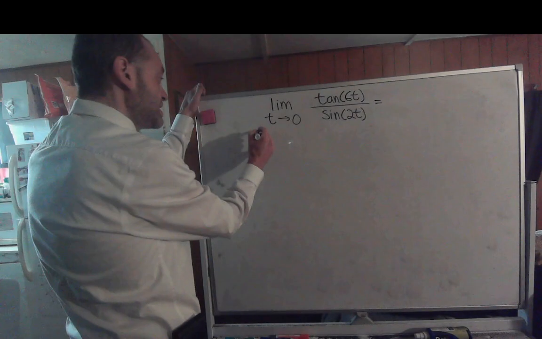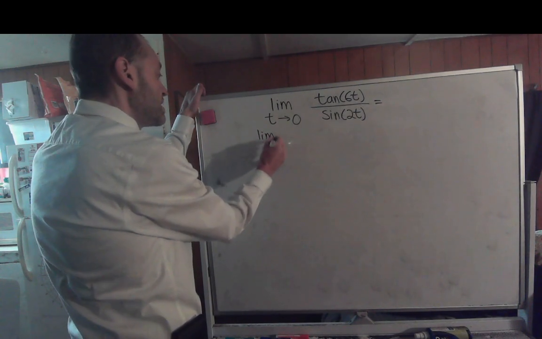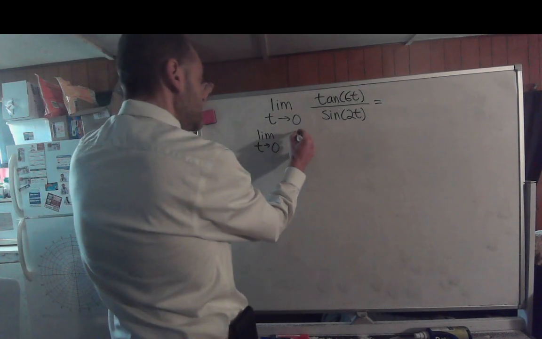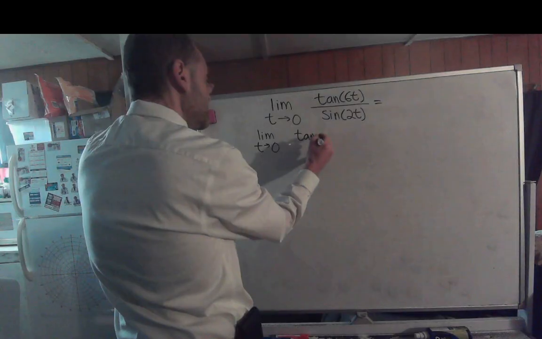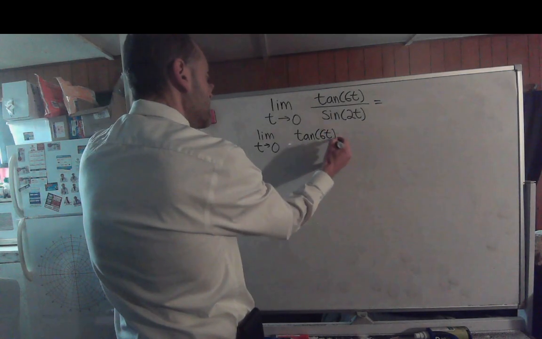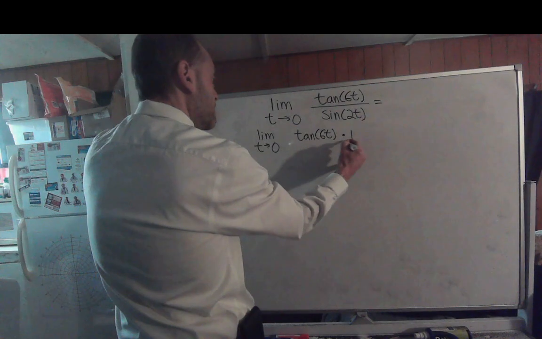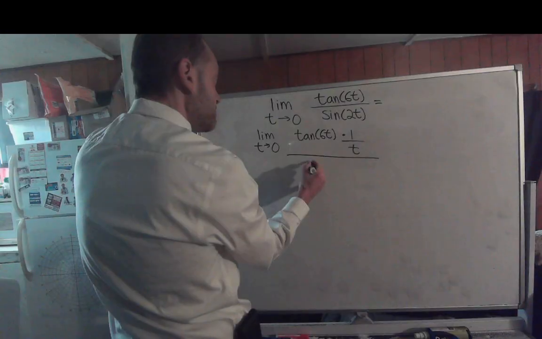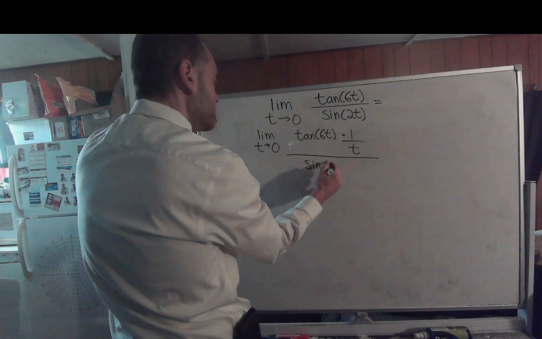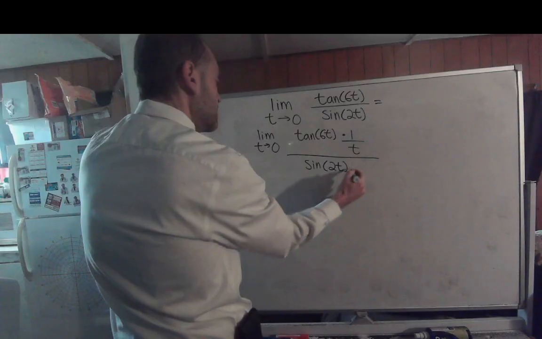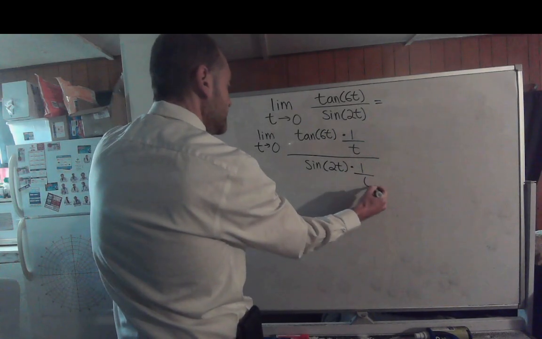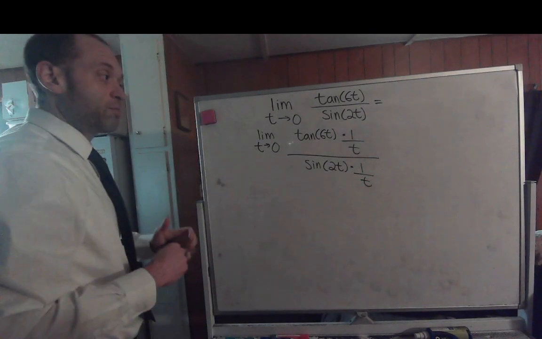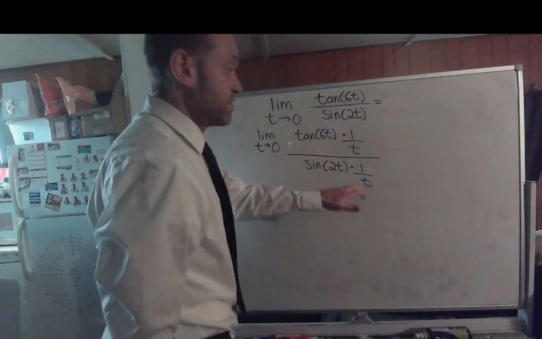So let's take the limit as t approaches 0 of that tangent of 6t, all that times 1 over t, divided by the sine of 2t times 1 over t. Now, multiplying both numerator and denominator by 1 over t hasn't changed the value of the function.